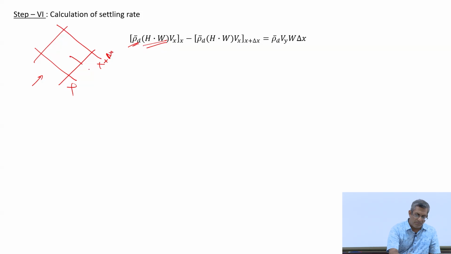So the remaining quantity must be coming down, okay, and this is basically equal to this.